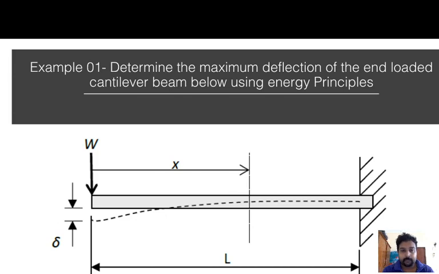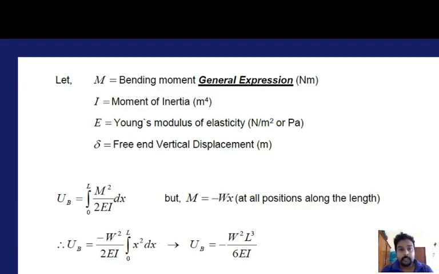We take a random length x from the far end of the point load, and the length is L. Let M be the bending moment, I the moment of inertia, E Young's modulus of elasticity, and delta the free end vertical displacement.